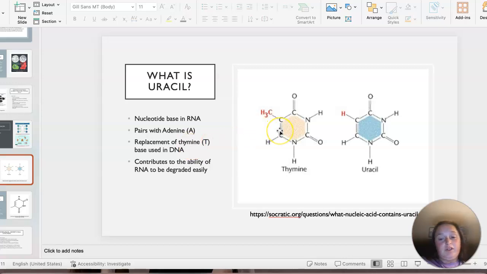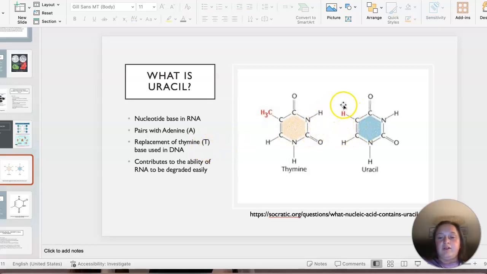Uracil is the nucleotide base only found in single-stranded RNA. So in DNA you have A, C, T, and G, and then in RNA you have A, C, G, and U. It replaces thymine. These 2 replace each other.